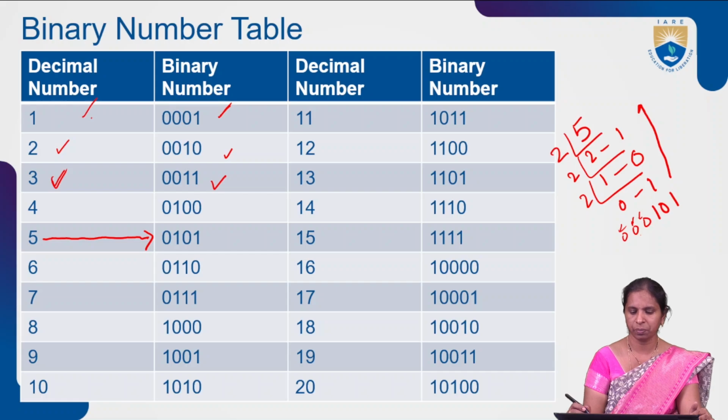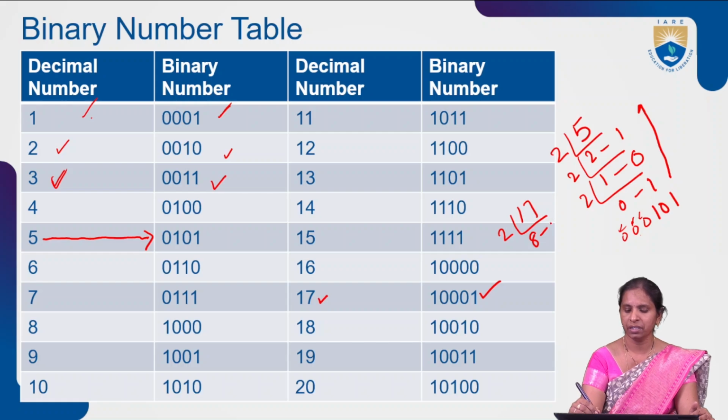Similarly, if you want to represent the number 17 in the binary number system, how do you do it? Divide 17 by the base of the binary number system, which is 2. So 2 8s are 16 and the remainder is 1. Then 2 4s are 8, remainder is 0. Then 2 2s are 4, the remainder is 0.